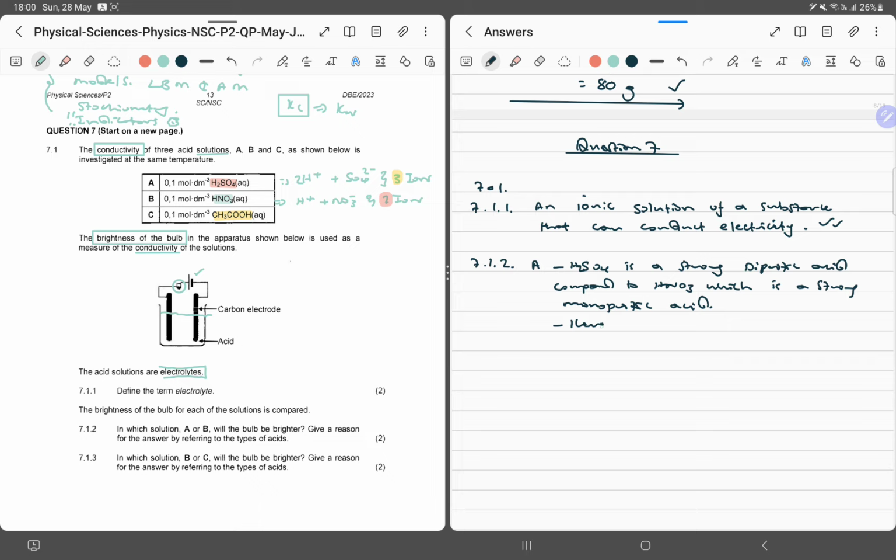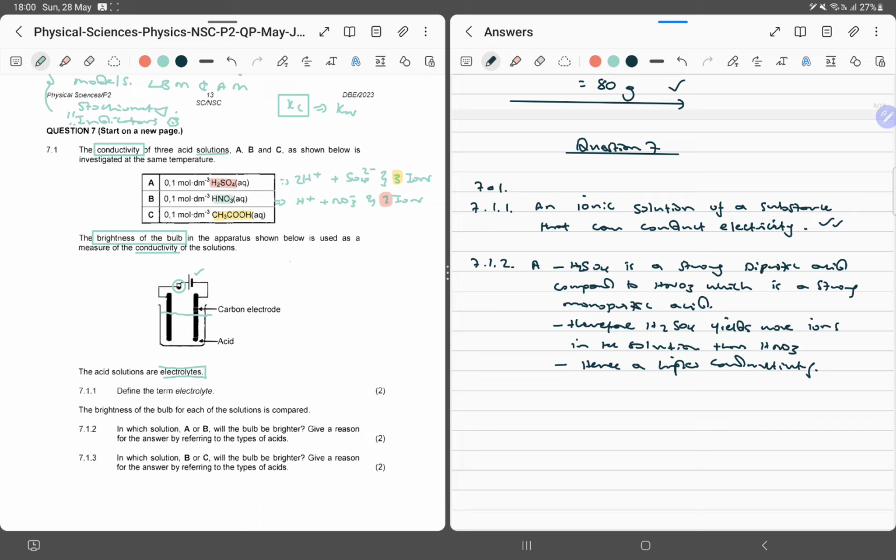We can say therefore H2SO4 yields more ions in the solution than HNO3. We can say hence a higher conductivity. Okay, so guys, here you just try your best and say as much as possible.